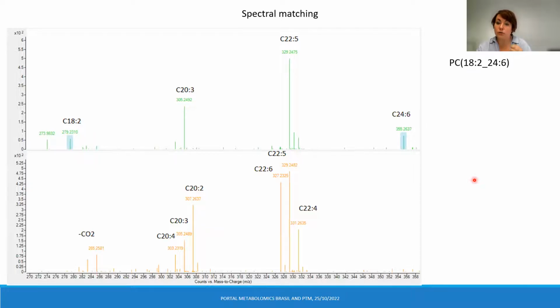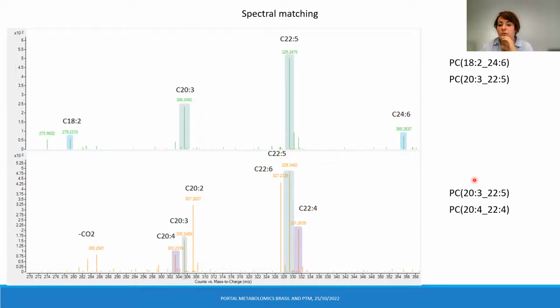And keep in mind that your spectrum might contain information coming from different species. Like in this case, we have just two forms present in one sample, but for the same project, for another sample, we found that there were in fact three different coeluting forms, all of them corresponding to the same lipid, which is phosphocholine with a sum composition of 42 carbons and 8 double bonds.